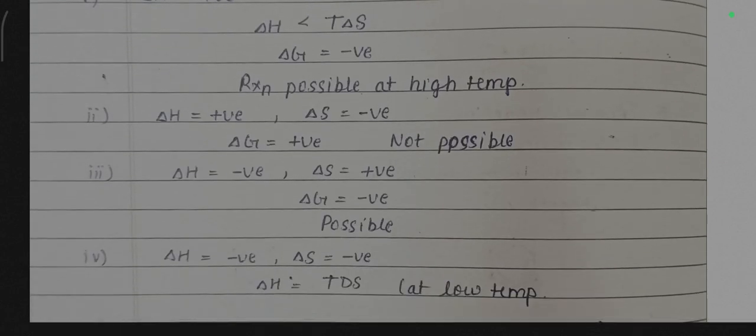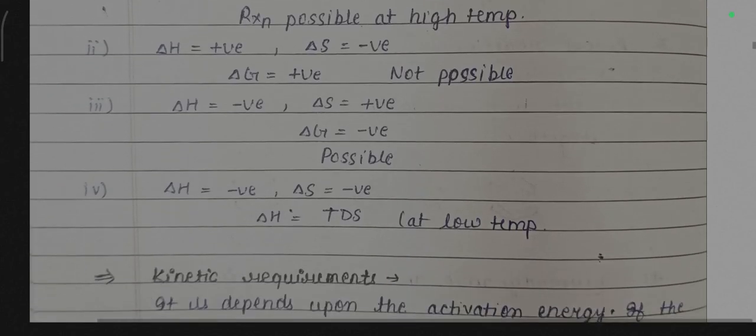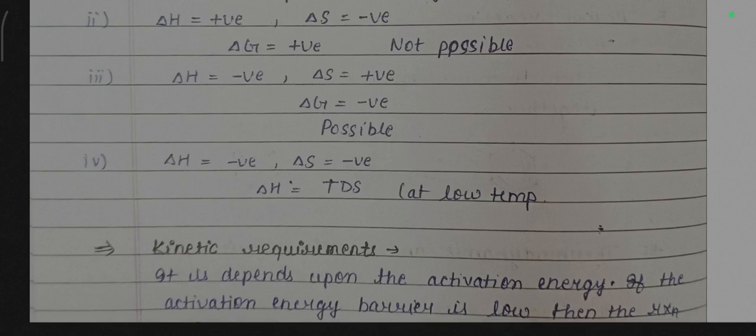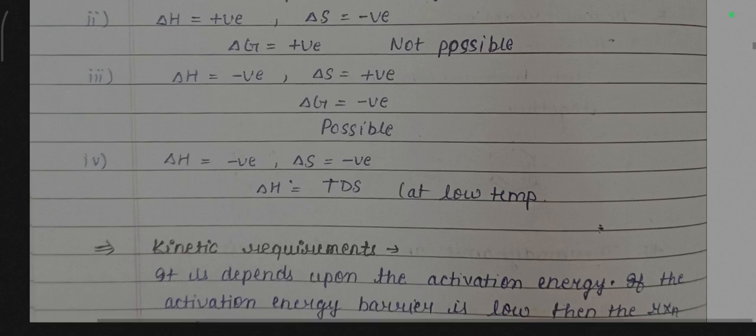If del H is positive and del S is negative, then del G is positive. This reaction is not possible. If del H is negative and del S is positive, del G is negative, then this reaction may be possible. If del H is negative and del S is negative, del H is equal to T del S at low temperature.